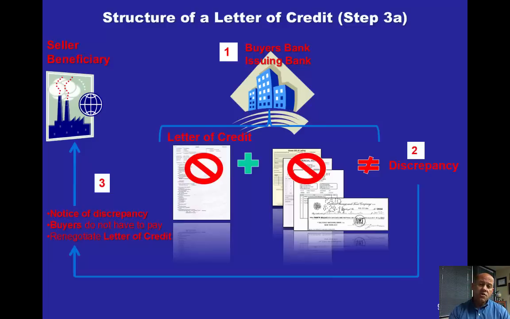If that happens, you have what's called a discrepancy. Under a discrepancy, the international buyer or the international buyer's bank is not obligated to pay. So at that point, you're back to negotiating with the buyer to see if you can get them to still accept, or not get paid on that letter of credit.